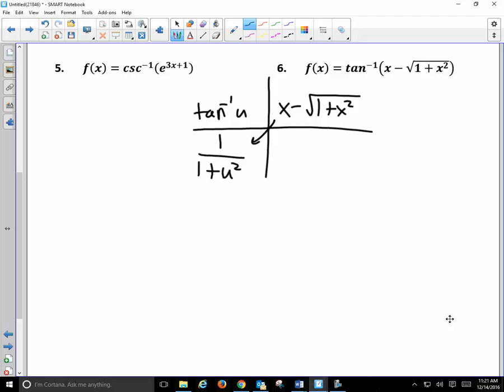So that piece is going to go into the u squared. That's interesting. Derivative of x minus the root of 1 plus x squared. What's it? 1 minus that derivative. How do I do that derivative? Chain rule. Good. Root of u.